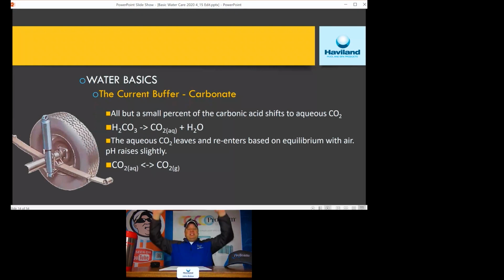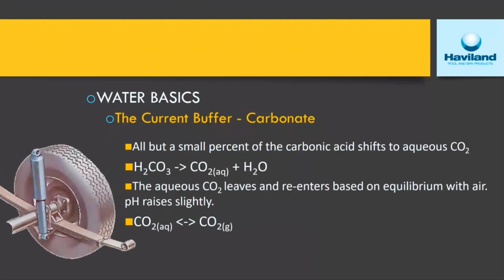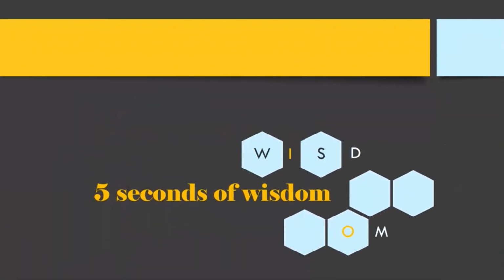Well, what they're doing is driving CO2 off. They're raising the pH. These little tricks that people may not realize is actually what we're doing behind the scenes. So this is one of the faults with solely relying on carbonate value to be our buffering mechanism for our pH.